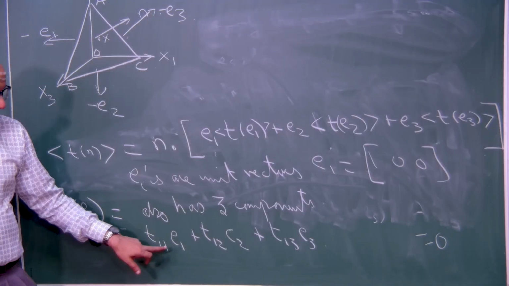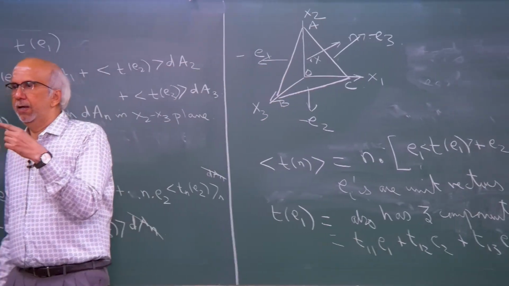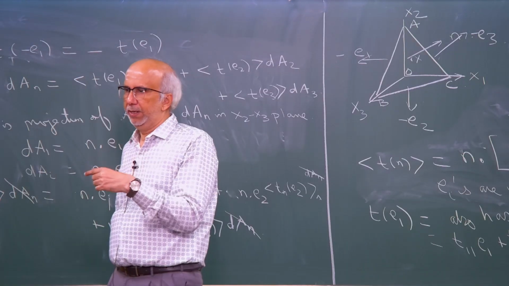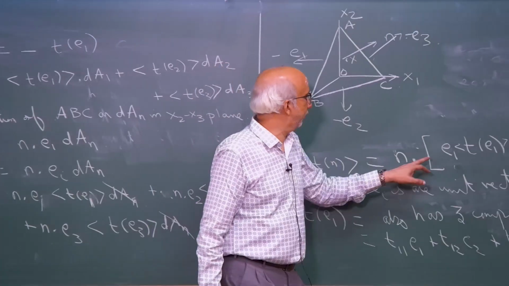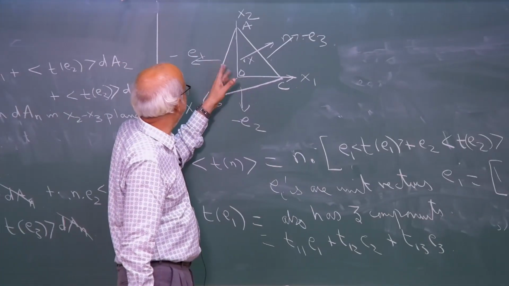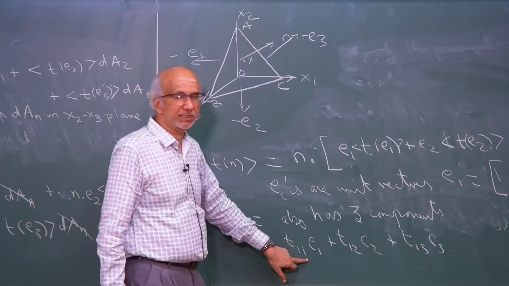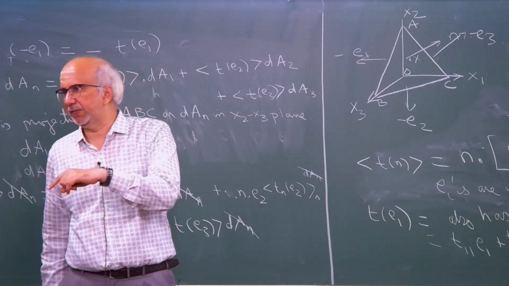The first subscript represents the outward normal of the area that we are looking at. So, this is dA1, what is the direction of the outward normal? T1, that is the first subscript. The second subscript tells me the direction of the stress vector or the force.